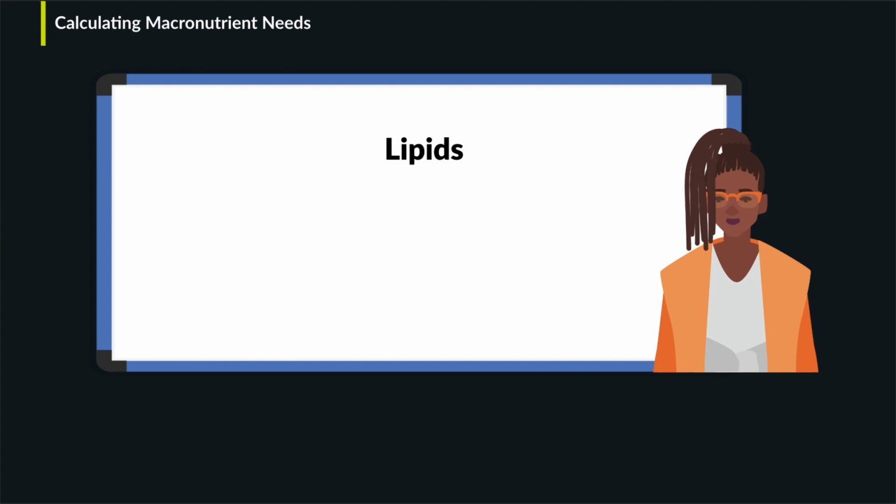For lipids or fats, do the same. 1,800 times 0.20 equals 360. So you will need 360 calories a day from fats. And the same for protein. 1,800 times 0.30 equals 540.